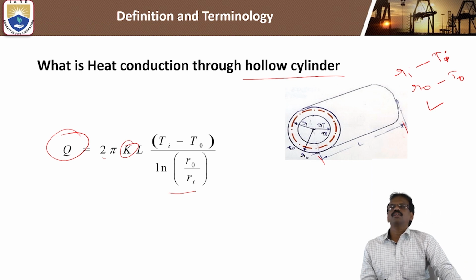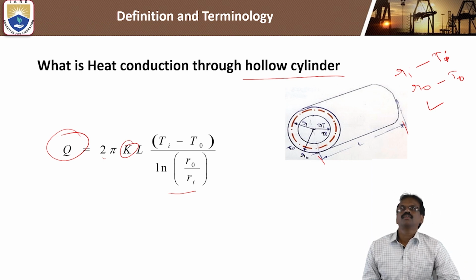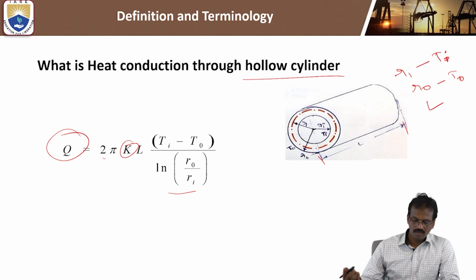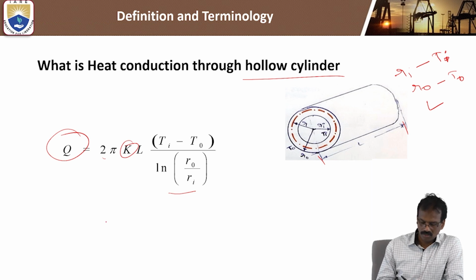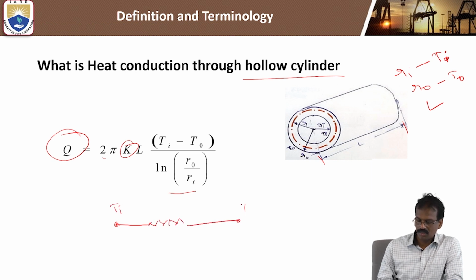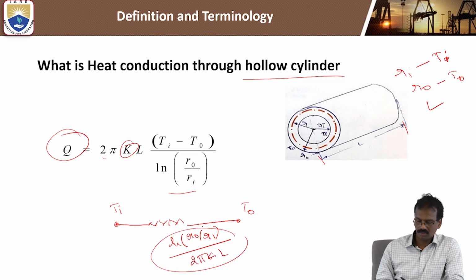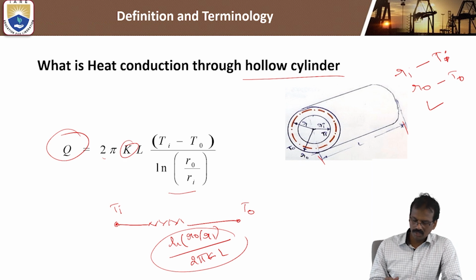By using this formula, you can find the heat conduction in cylinders. Here also for composite cylinders, if there are many layers, the same electrical analog formula applies: Ti, thermal resistance, and T naught. Thermal resistance is equal to Ln R naught by Ri by 2 pi KL. This is the thermal resistance. If there is one more layer, you can add this one.